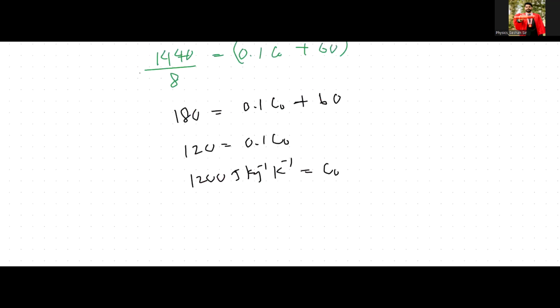Now what we can say is that the rate of heat absorption should be equal.